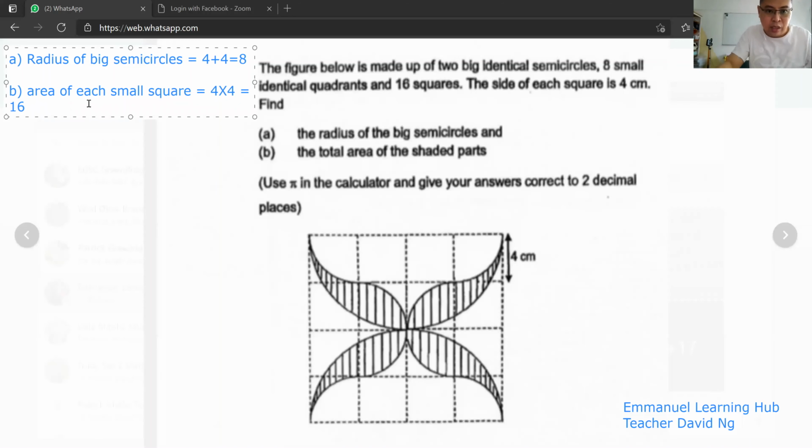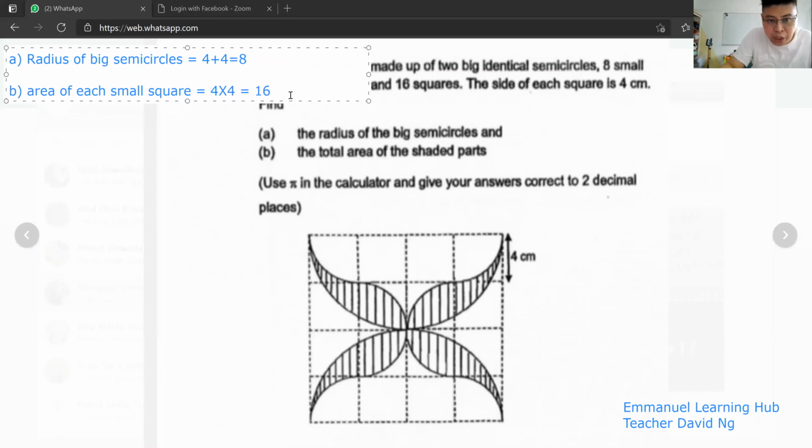I will not write the unit here because I cannot, so 'cm square' is what I mean. When you do the question during exam, please indicate the unit. If not, you get penalized.